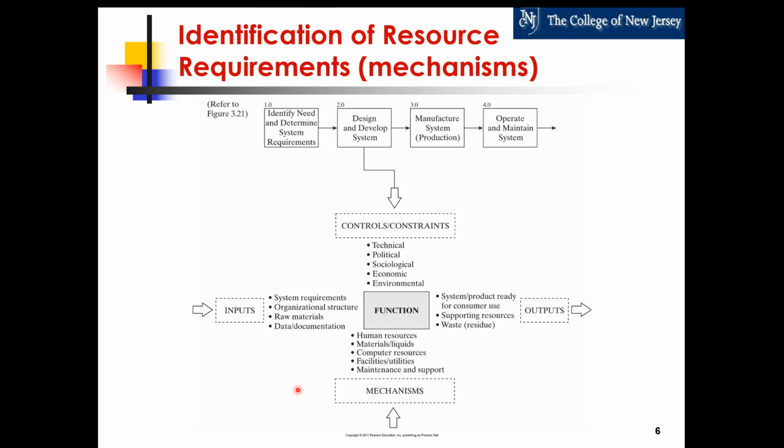There may be certain materials available for the system design, computer resources in your company, the actual facilities, the laboratories, the offices. Again, what type of maintenance support do you need? I mean, you need people that take care of the copier.